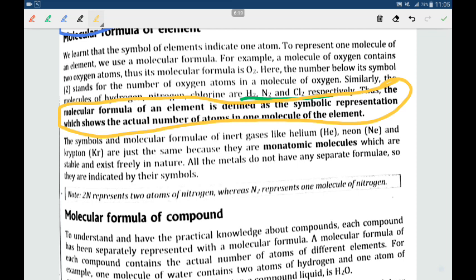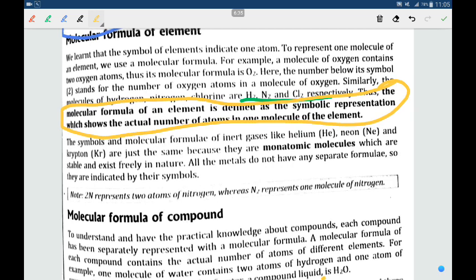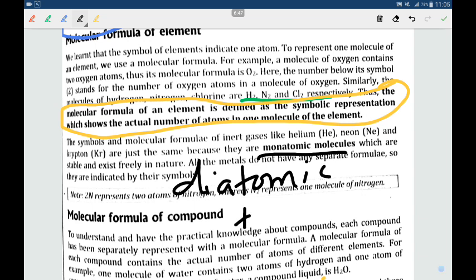So students, we have to keep in mind, basically there are three types of molecules. What are they? Monoatomic, diatomic, and triatomic.